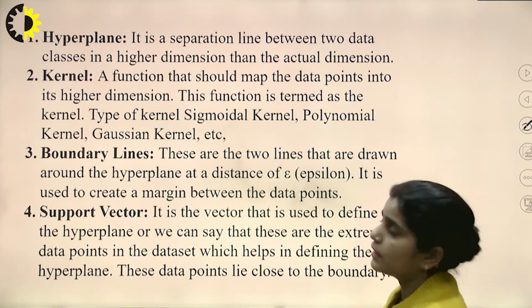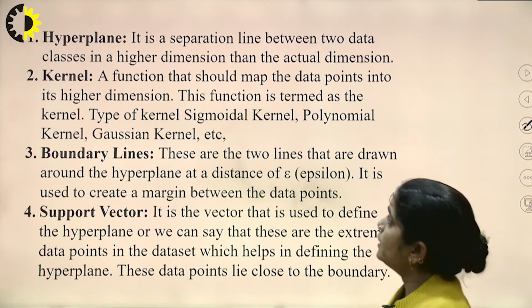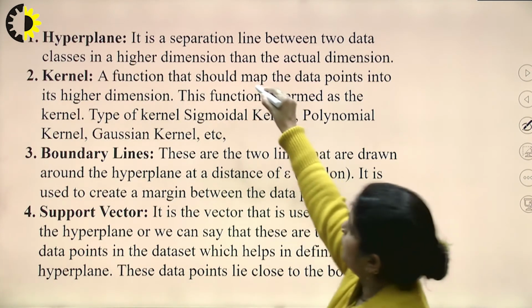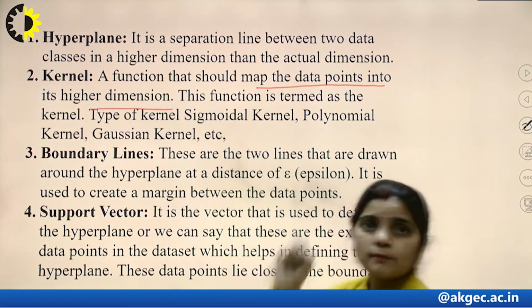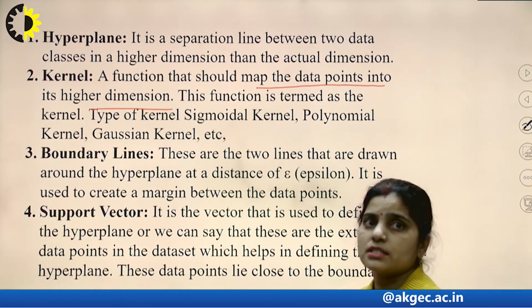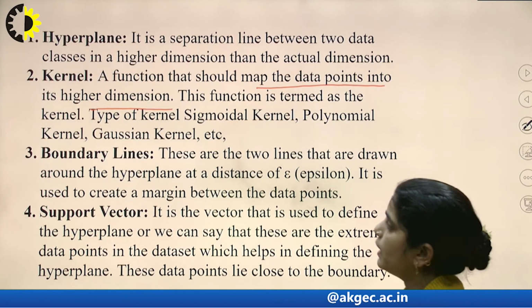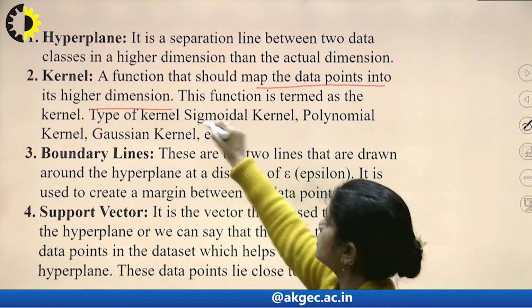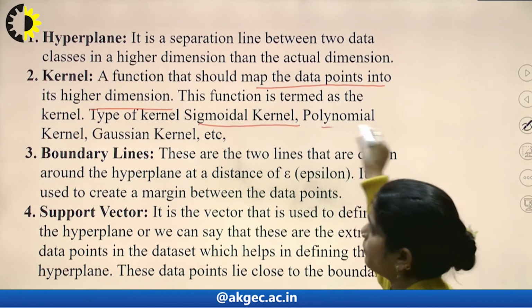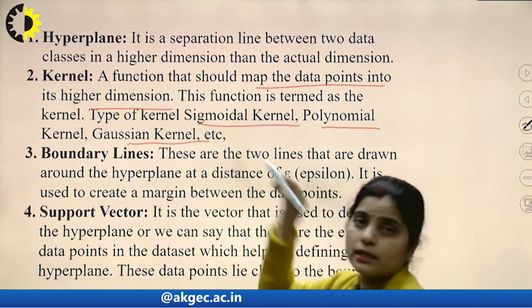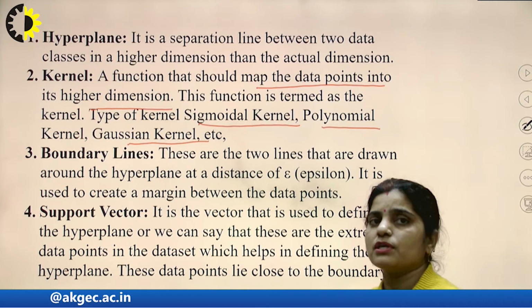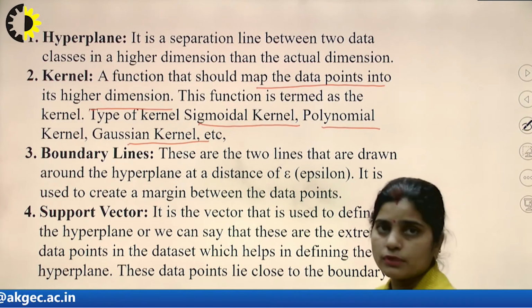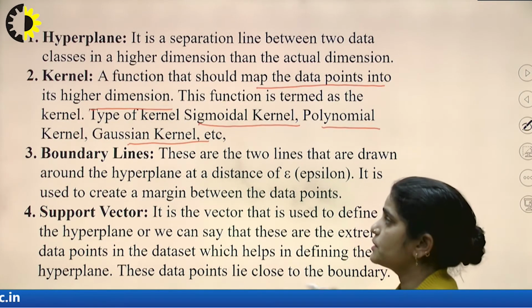Second term is kernel, which is a function used to map the data points when they are plotted in higher dimensions. This function is termed the kernel, and we have different types of kernels, like sigmoidal kernel, polynomial kernel, Gaussian kernel, and many more, like RBF, radial basis functions. These types of kernels we use to find the kernel functions.